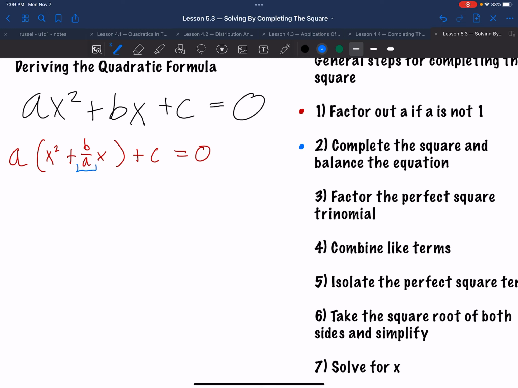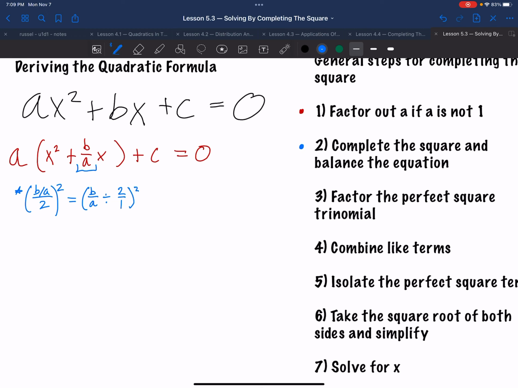So, little star, I am taking b over a, and I am dividing that by 2, and I am squaring that result. Now, b over a over 2 kind of looks like this. It's b over a divided by 2 over 1.